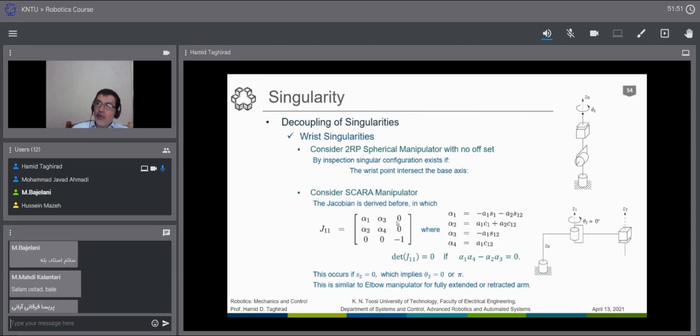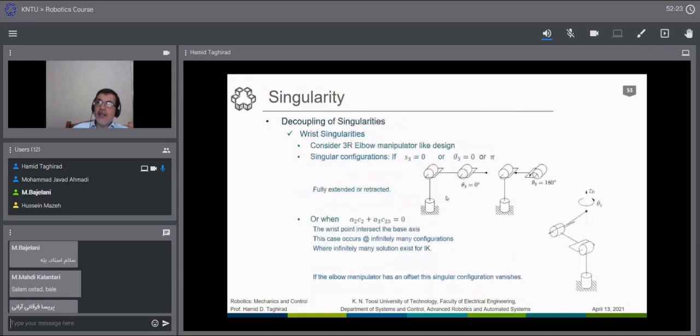We can see that the Jacobian is like this, where a1, alpha 1, alpha 2, alpha 3, alpha 4 are given by the sine of the joint angles from the Jacobian that we obtained earlier in this chapter, and the determinant becomes 0 if alpha 1 alpha 4 minus alpha 2 alpha 3 is equal to 0. This gives the determinant of the Jacobian, and this will happen when theta 2 is equal to 0 or pi.